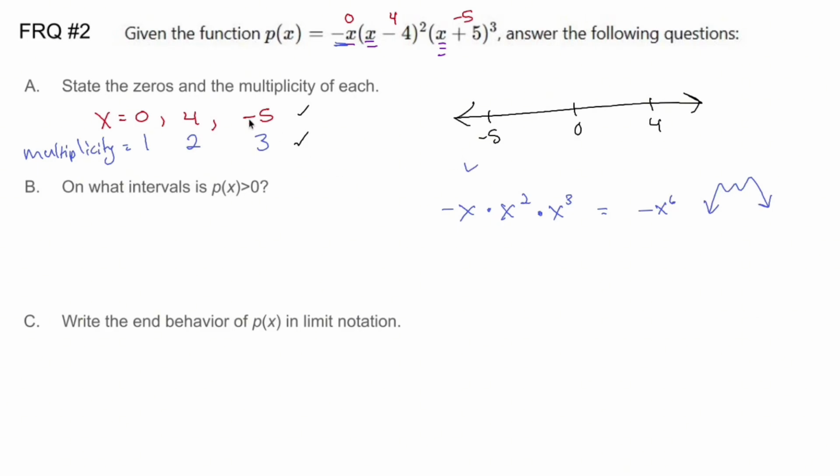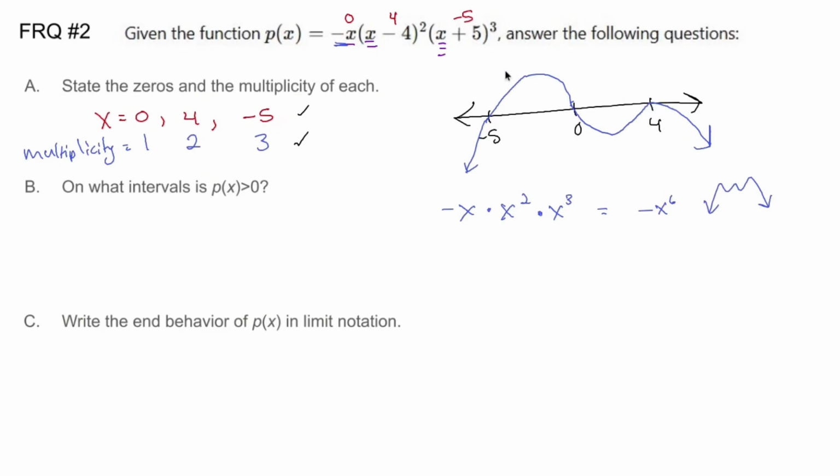It's going to go through negative 5 because it has an odd multiplicity. So it's going to go through negative 5. It's going to come back up, maybe do a wobble here and there, but who cares? Go back down and go through 0 because it has a multiplicity of 1. But when it comes up through 4, okay, it's going to bounce off of 4 because of that even multiplicity.